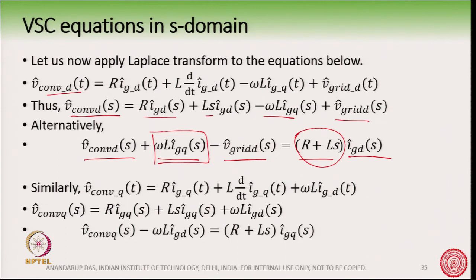Similarly, you can do it with V conv q in the S domain and write something like this, and of course, I have assumed V grid q to be 0. So I G Q is also like this with R plus L S, but then there is the cross coupling term in the VSC model.